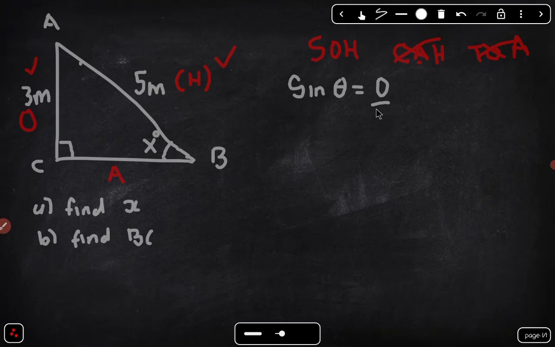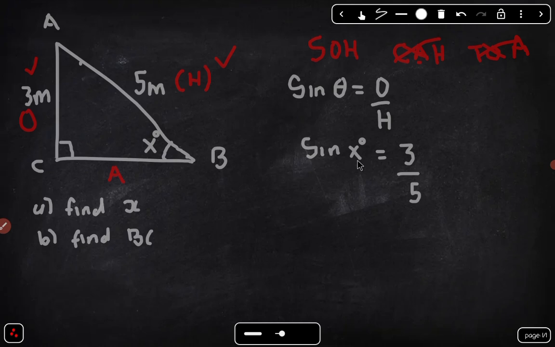Then you come down and say sin x degrees is equal to O, which is 3 meters, over the hypotenuse, which is 5.